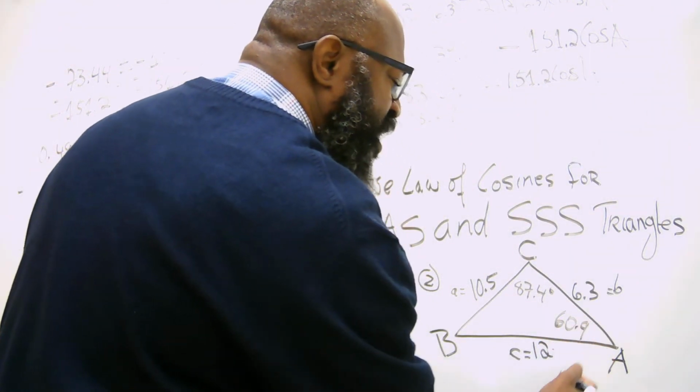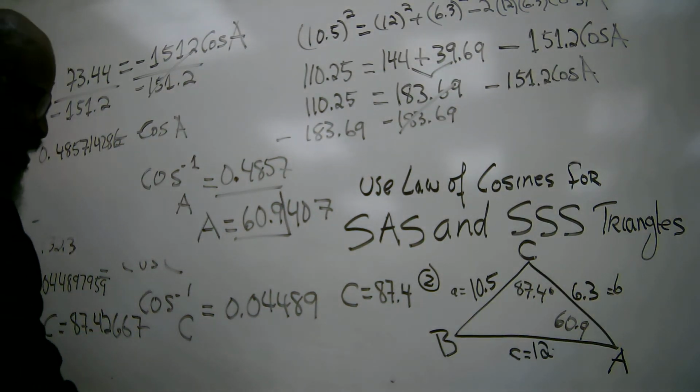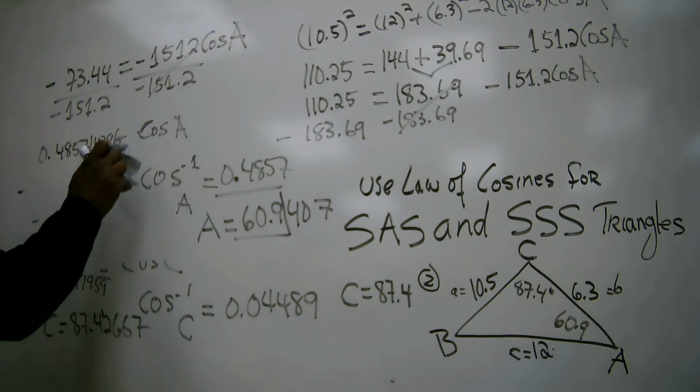In any triangle, if you know two angles, you can always find the third angle. Then I'm going to find angle B, which is missing.